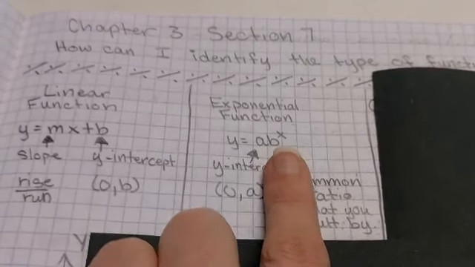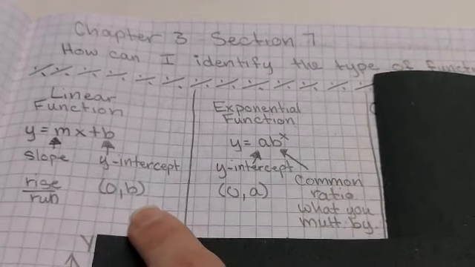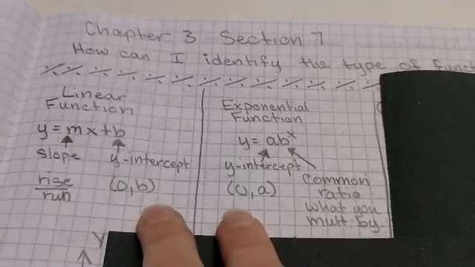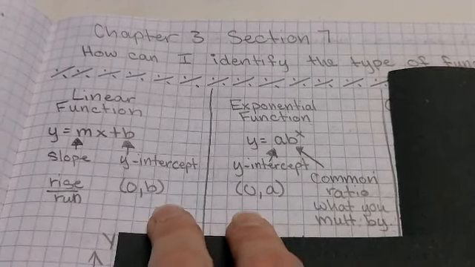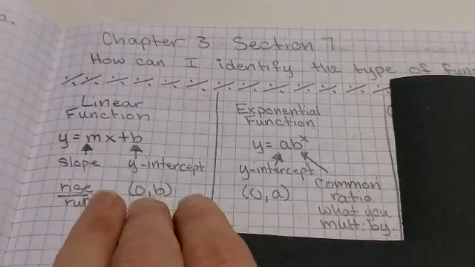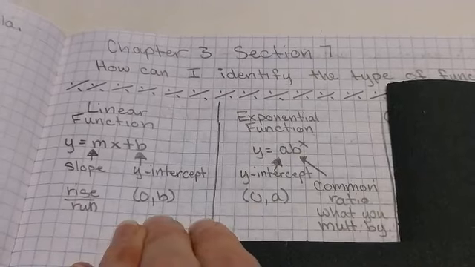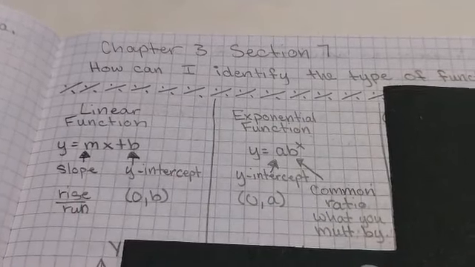Now the b in our exponential is not the same as the b in the linear. So you have to decide, are you working with an exponential function or a linear function first, and then decide which b you're talking about. Because b for our linear was our y-intercept, b for our exponential is our common ratio.